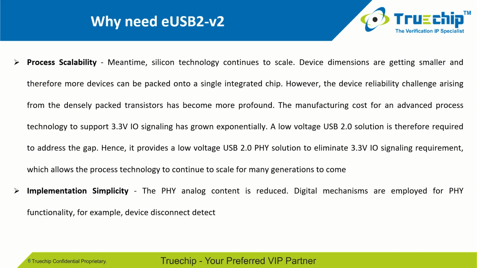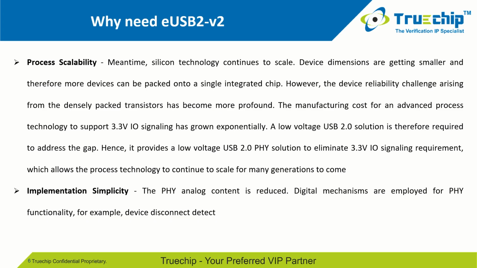One of the major needs for eUSB2 V2 is process scalability. Meanwhile, silicon technology continues to scale, device dimensions are getting smaller and therefore more devices can be packed onto a single integrated chip. However, the device reliability challenge arising from the densely packed transistors has become more profound. The manufacturing cost for an advanced process technology to support 3.3 volt I/O signaling has grown exponentially.